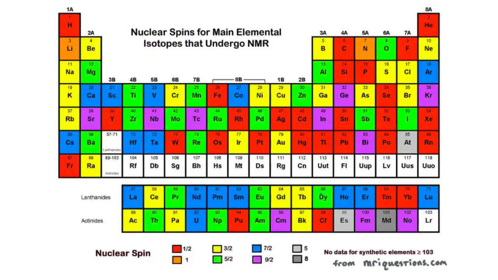So let's look at that actually. So here's a periodic table that shows by color the spin value for the most prevalent magnetically active or NMR active nucleus. And so of note, hydrogen, most hydrogen is hydrogen 1, which means it's just a proton, no neutron. 99.98% of it is.